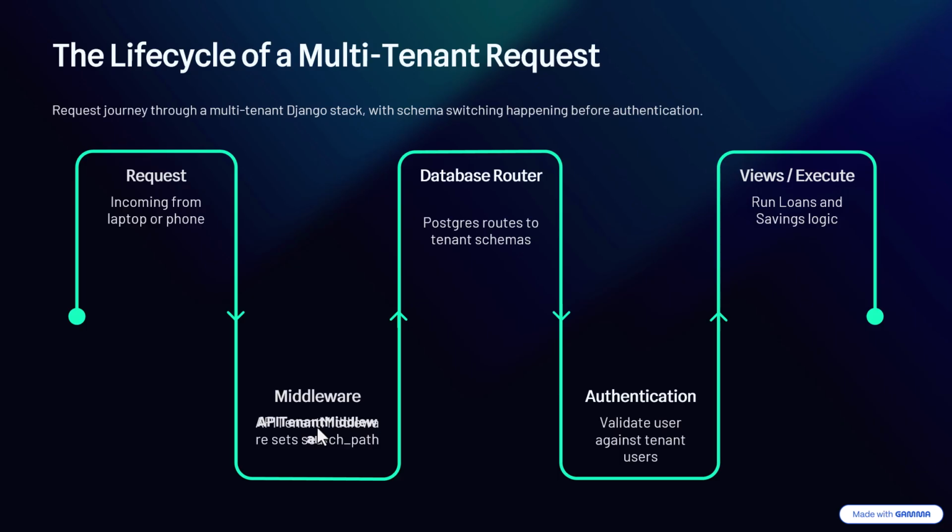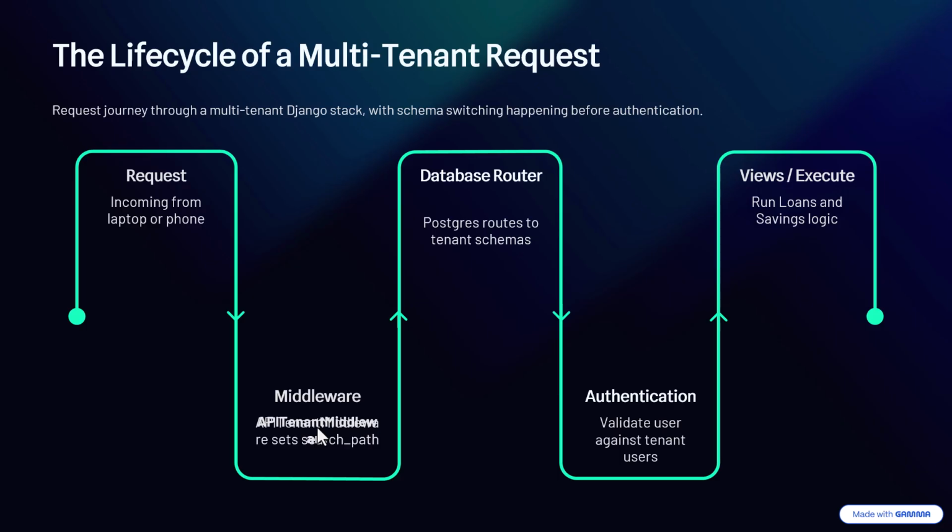For example, if you want to extract the subdomain or the IP address of the incoming user, then that is where a custom middleware for your Django application is going to be important. So in this case, the middleware hits the custom logic. That is going to set a search path for Postgres. Then once it has set the search path, it's going to go to the database router. Django tenants has a database router that is going to route that specific tenant to the right schema.